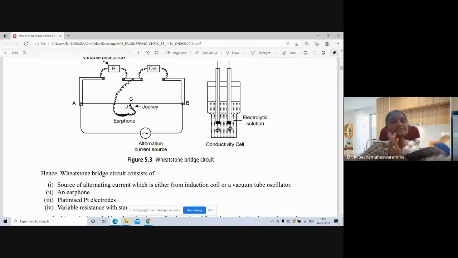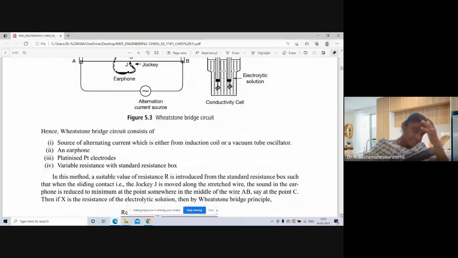So the Wheatstone bridge circuit consists of alternating current AC, which we get from the induction coil or vacuum tube oscillator, then an earphone, platinized platinum electrodes, that is the conductivity cell, and a variable resistance with standard resistance box.